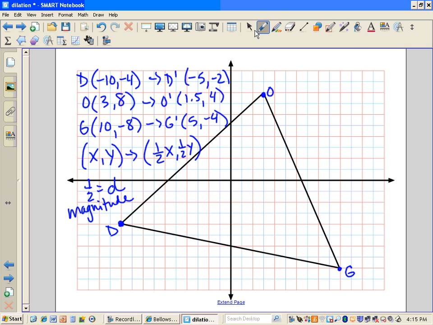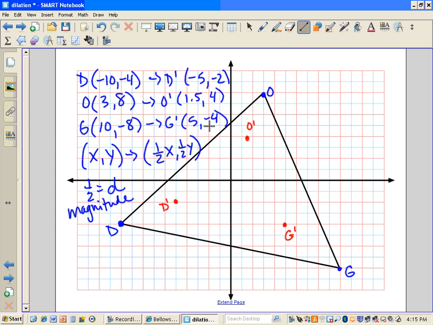So again, let's get a new color. Let's see, negative 5, 2. Here's my new D prime. 1.5 and 4 is my new O prime, and 5, negative 4 is my new G prime.